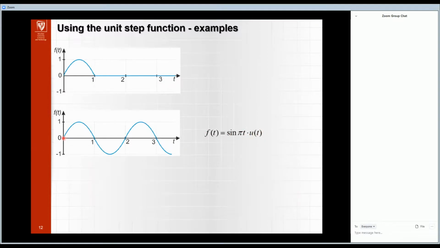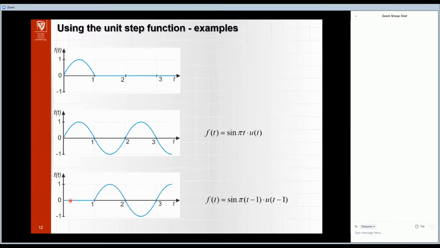So for the time less than 0 it is equal to 0. And now we have another sine function which starts at this point. So when we add this function and this function, we just obtain the first function.